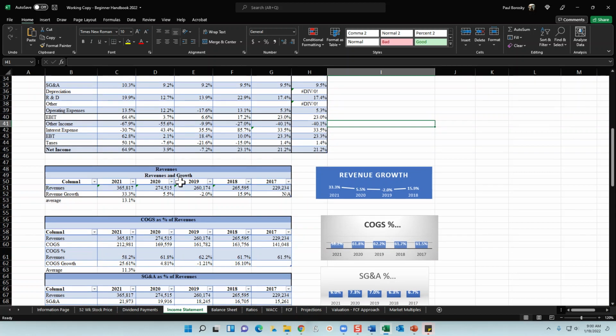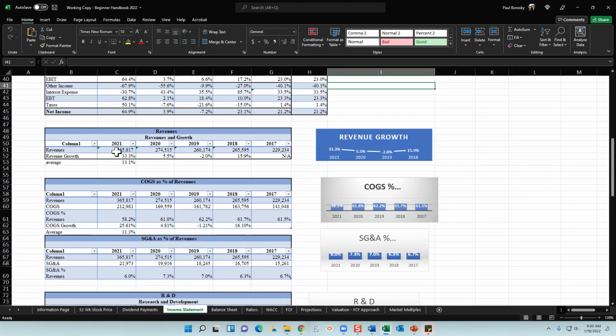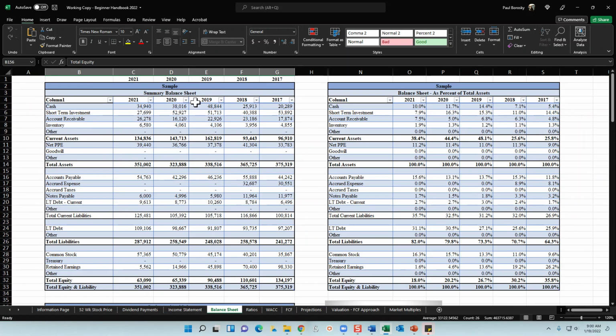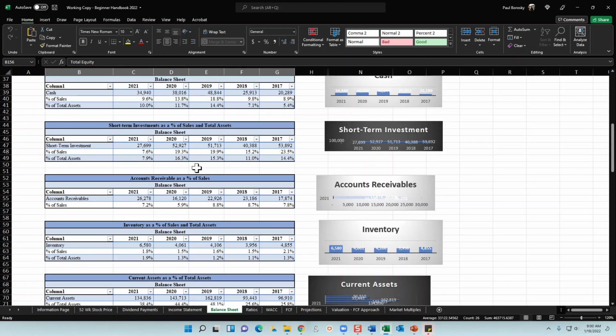And then what happens with the financial model is it calculates, and all this information will populate based on the information up here. I do the same thing for the balance sheet. I'm going to plug in all my information. I'm going to summarize the information from the research that I do for Apple or whatever company it is, put it into the balance sheet, and then these various calculations are going to present themselves.